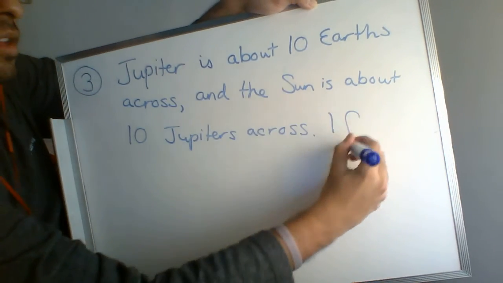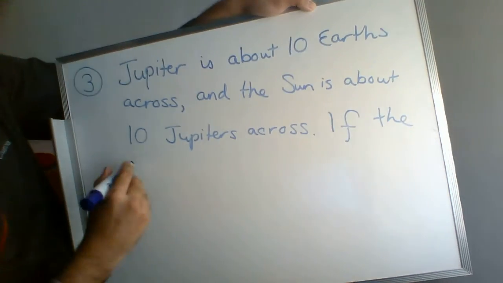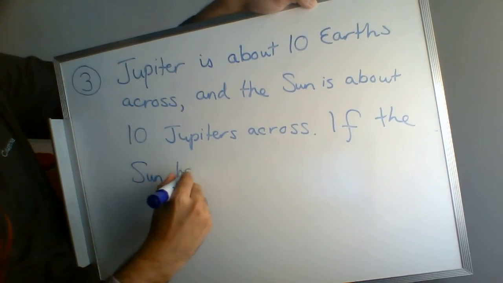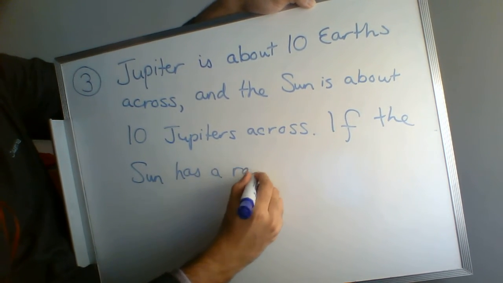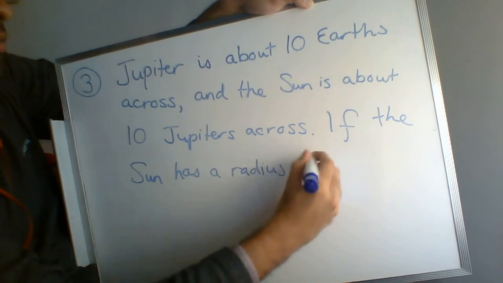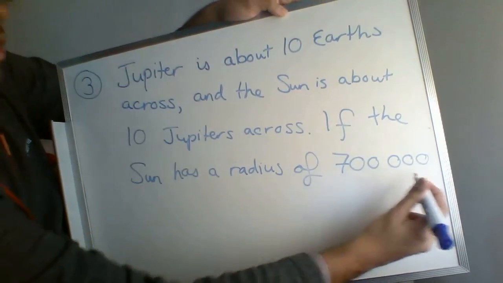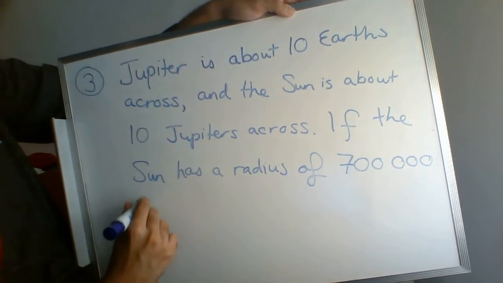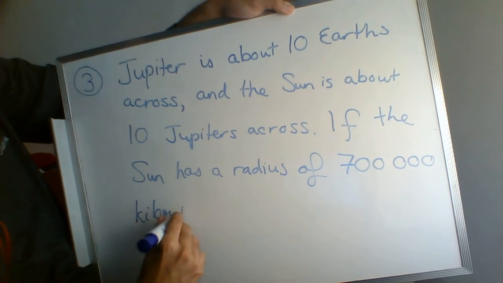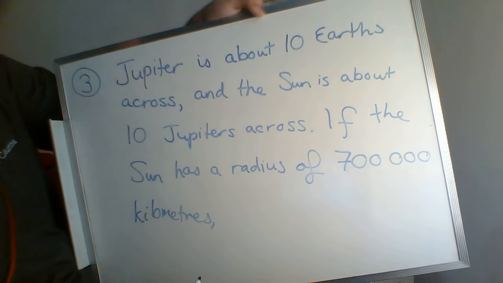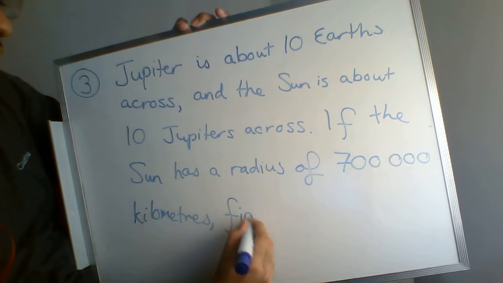If the Sun has a radius of 700,000 kilometers, I'm going to have to put the kilometers down here, find the radius of Earth.